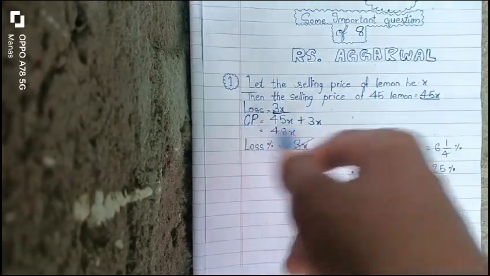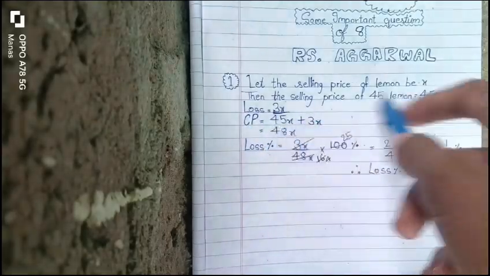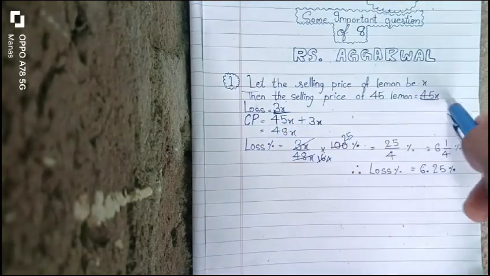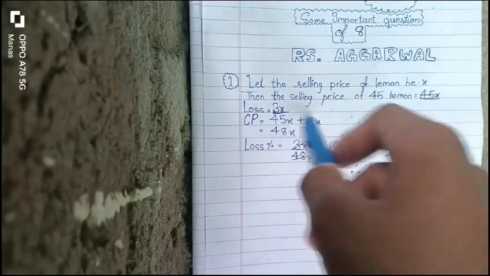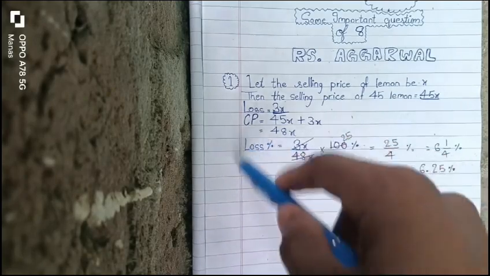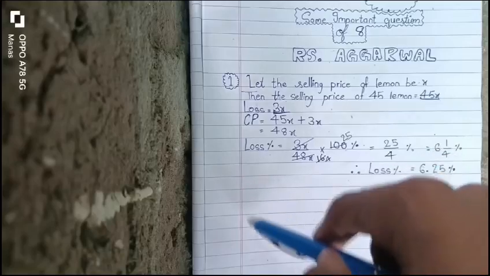And CP, as you have already learned, CP is equal to SP plus loss. We have got the SP, which is 45X, and loss, which is 3X. So we can get the CP. And as we know, the loss percent formula is loss by CP into 100%.